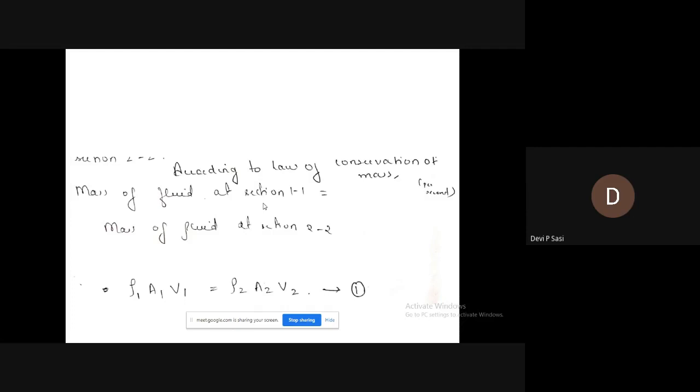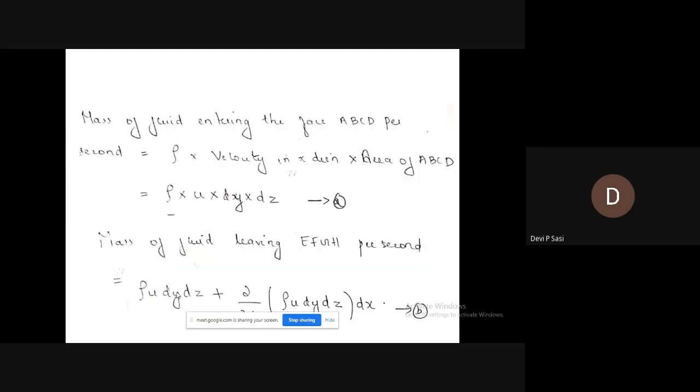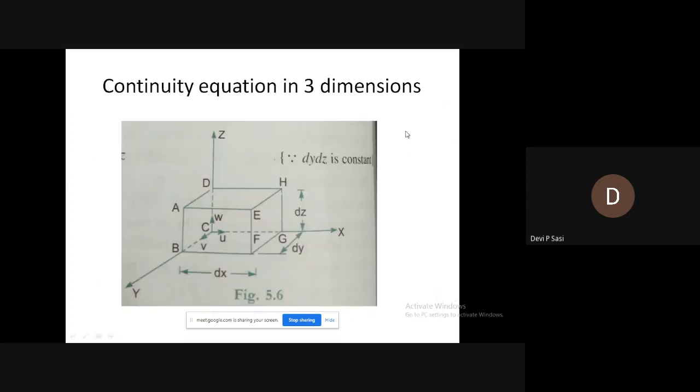Once more, mass of the fluid can be represented as rho into A into V. Similarly, coming over to the 3 dimensions, the mass of the fluid entering the phase ABCD per second can again be written as rho into A into V. The same step. We have already assumed the velocity in x direction as u, in y direction as v, and in z direction as w.